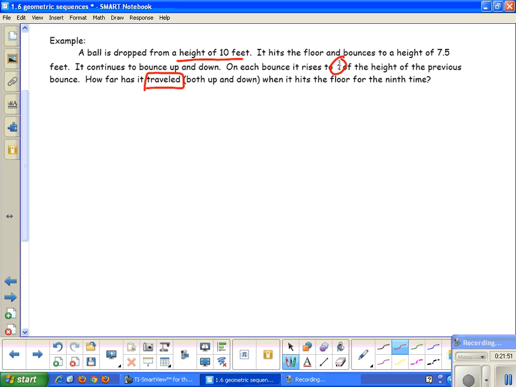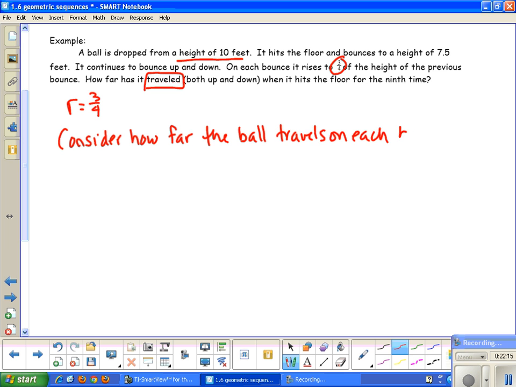So for this, I know that the ratio in this case right now is 3/4, and we're trying to find the distance traveled. So the first thing we want to do is consider how far the ball travels on each bounce.